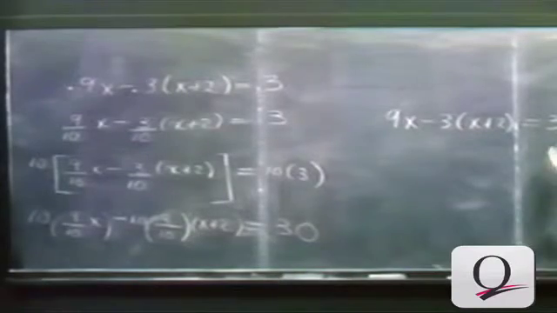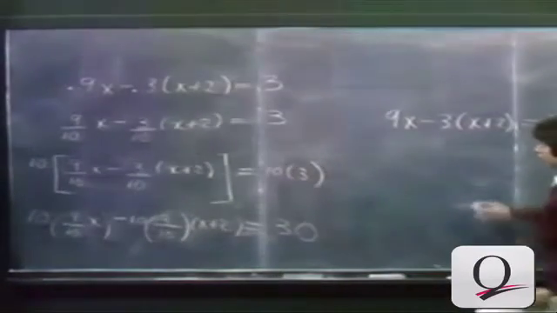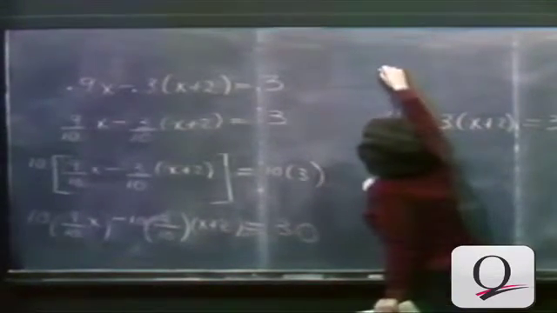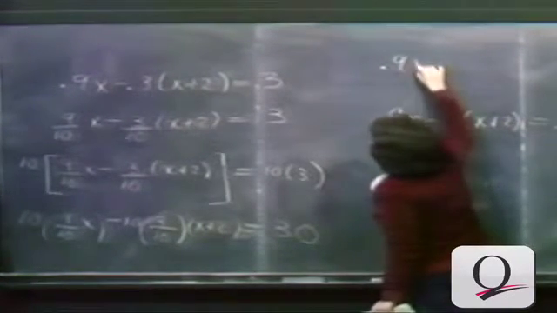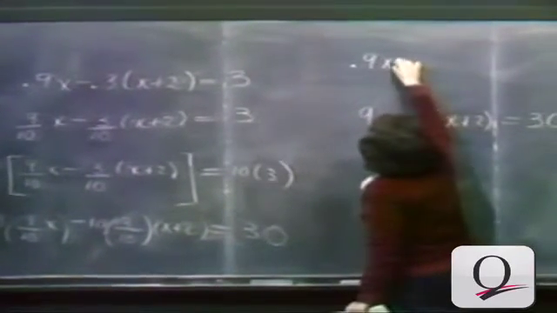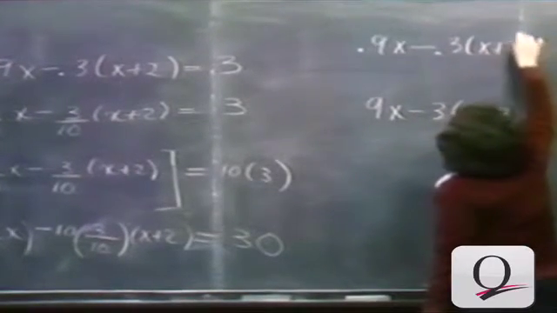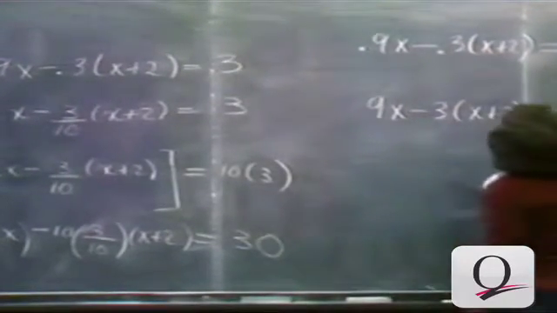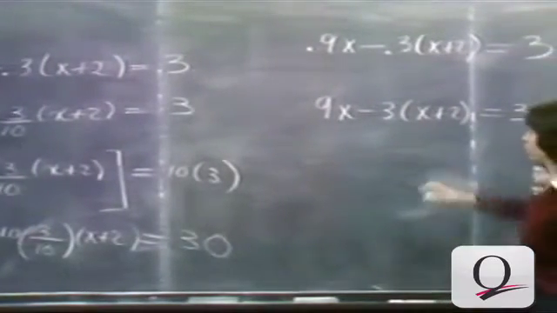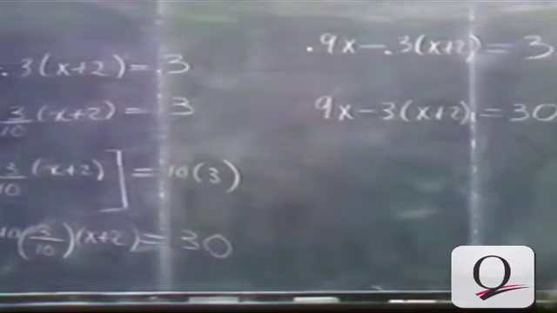Now, actually, we can get to this step a lot quicker. Let's go back to the original equation. We had 0.9x, 9/10 x, minus 0.3 times (x plus 2) equals 3. All you really have to do to go from this step to this step is to multiply through both sides of the equation by 10.